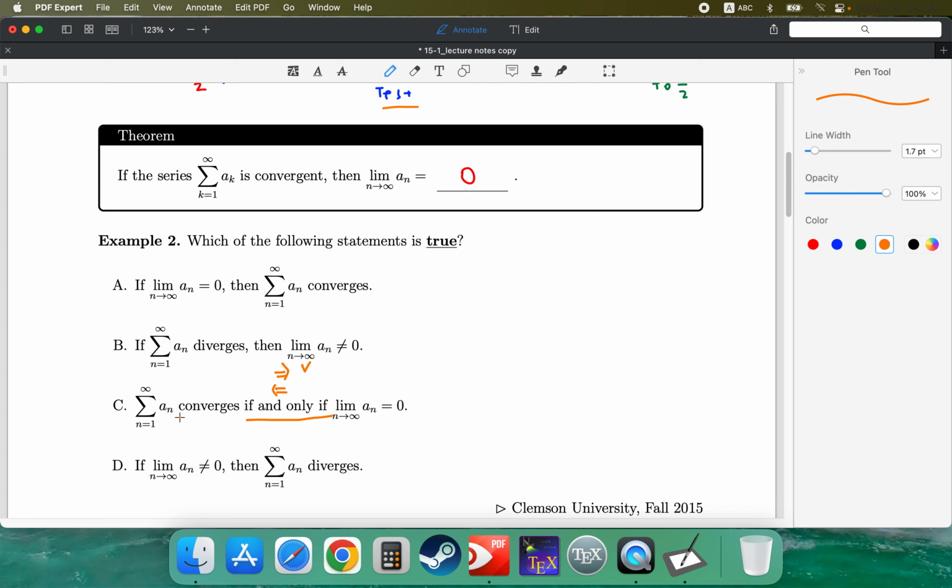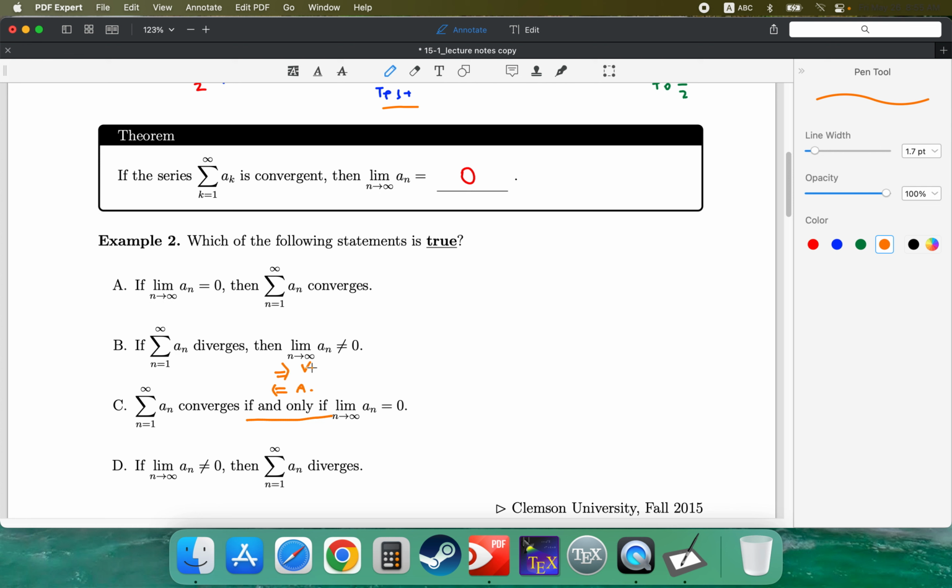It's right here: if the series converges, then the limit equals 0. However, the other direction is not true, because this direction is A: if the limit equals 0, then the series converges. We say that A is not true, so we don't choose C.